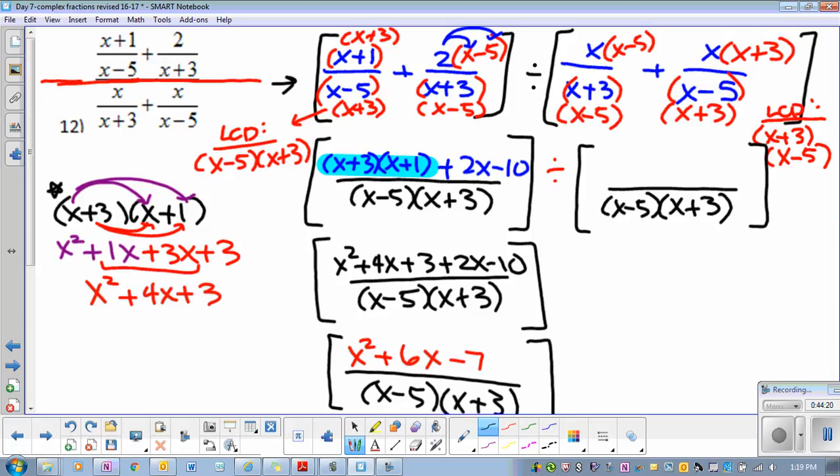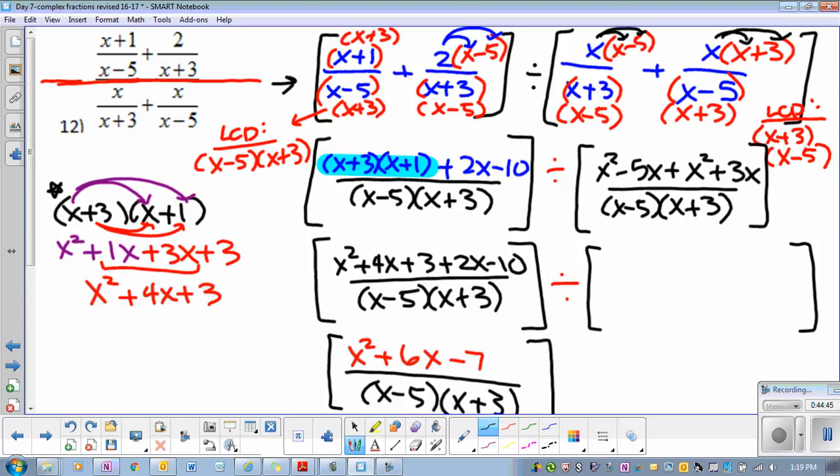You got to distribute everything. Is it 2x squared plus 2x? Yeah, all I'm doing is distributing. Combine like terms.